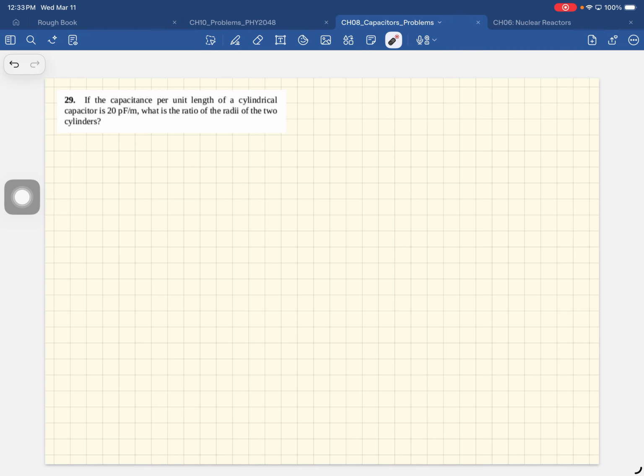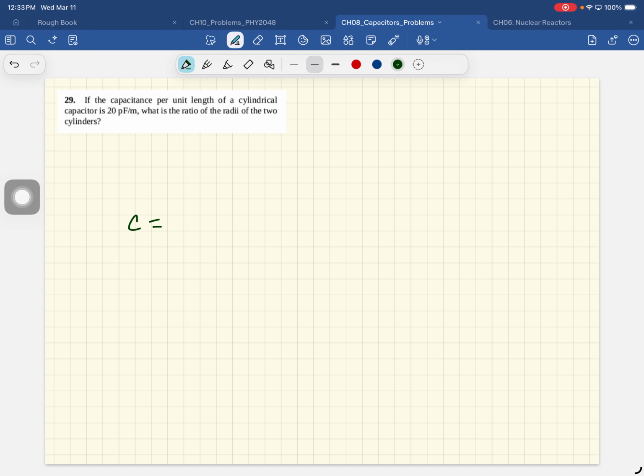Okay, this problem says if the capacitance per unit length of a cylindrical capacitor is 20 picofarads per meter, what is the ratio of the radii of the two cylinders? Oh, I guess I will have to, I don't remember the formula.